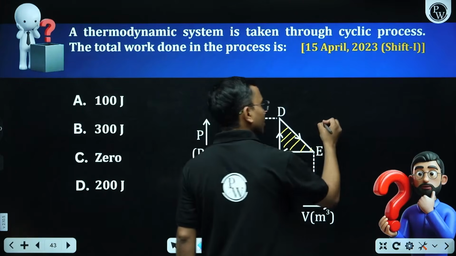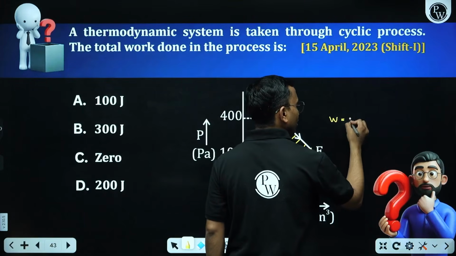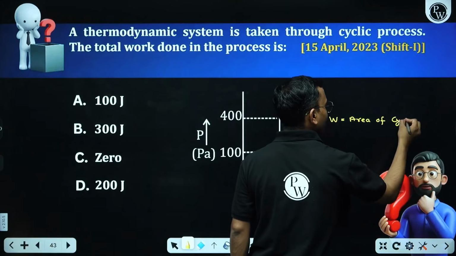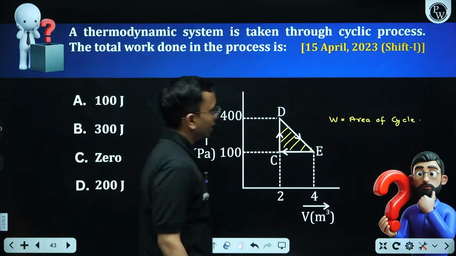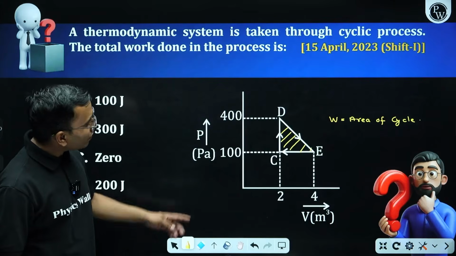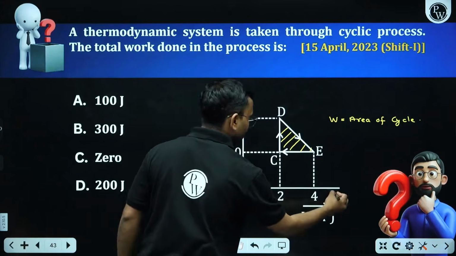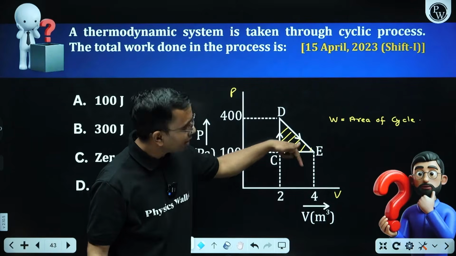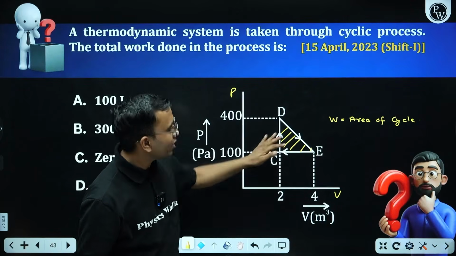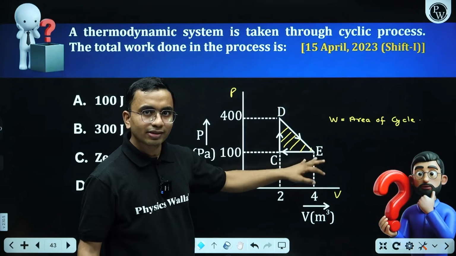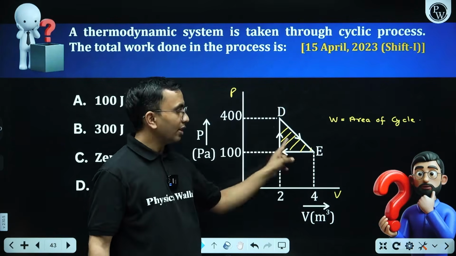Now, if this cycle is clockwise, it means the positive is greater, and when you are subtracting, that was lesser. So if the cycle is clockwise, here P, here V, then this work done is positive.